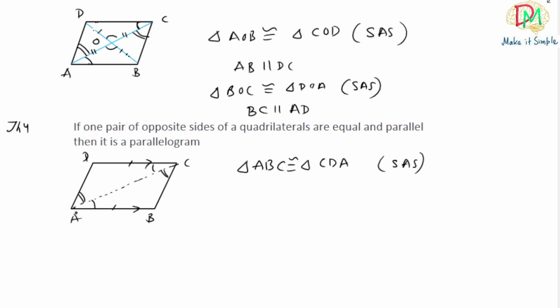AC is the transversal to the BC and AD, and these are the alternate interior angles and also equal, so we can say that BC parallel to AD and AB parallel to DC given. From these two we get AB parallel to DC and AD parallel to BC, so this is a parallelogram.